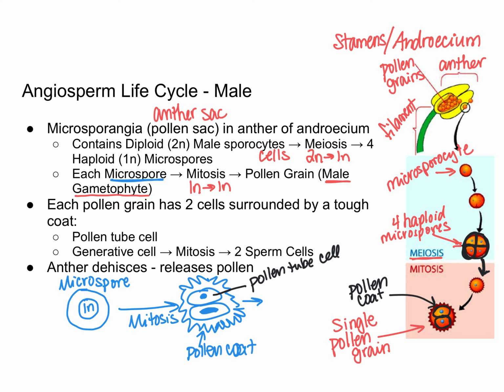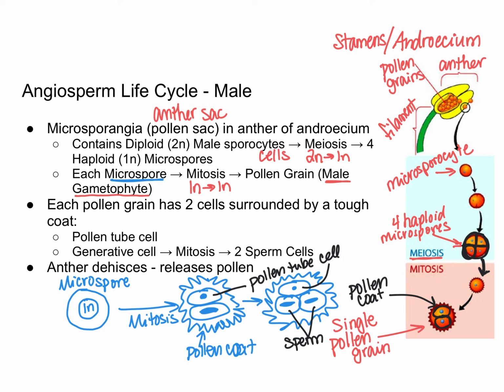And so this one is actually going to go through mitosis again. So we're going to have our pollen tube cell, which is just hanging out. But then our other cell is going to go through mitosis again, still surrounded by that pollen coat. And so we're ultimately going to end up with one pollen tube cell, and then these 2 are both sperm.